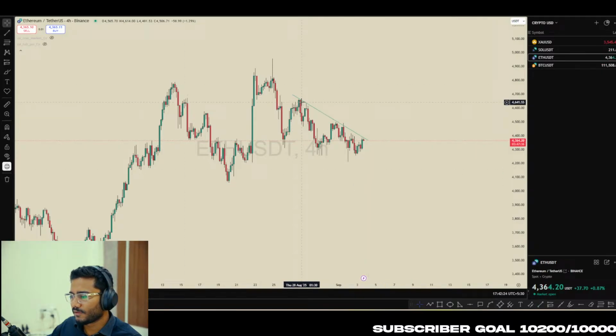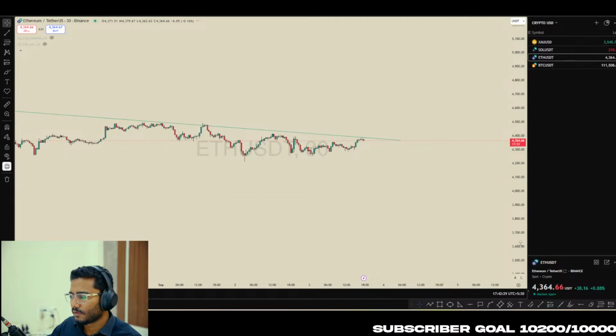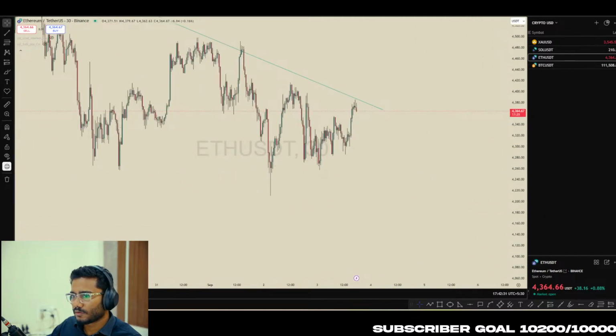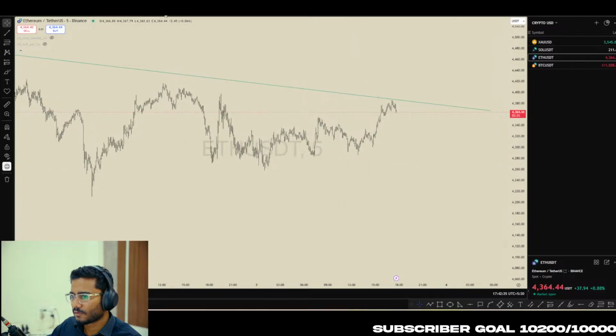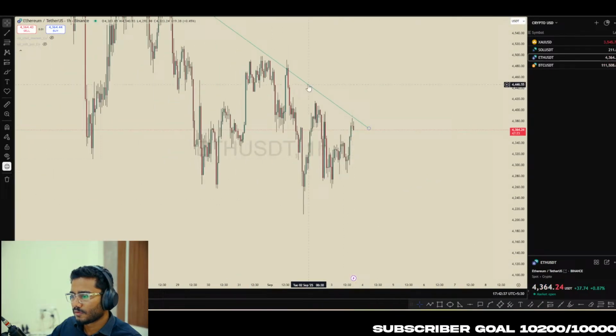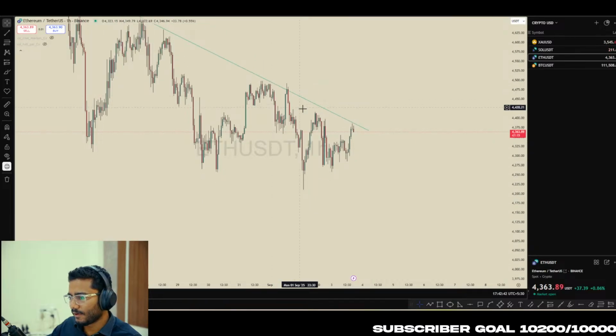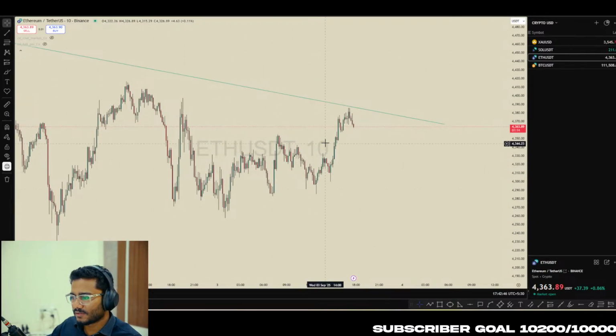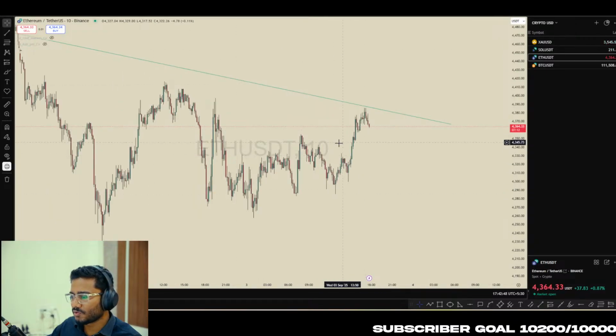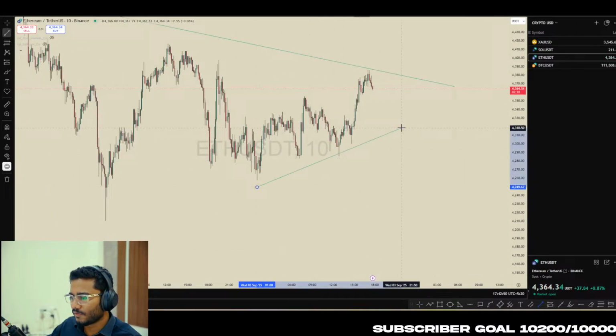Here we can see price creating trend line liquidity over here. It has almost tapped this high, but I think the trend is to the downside. Let's see what price does, because right now I'm still confused where price is going, because we have this trend line equity and we have the trend line equity from the upside also from here.